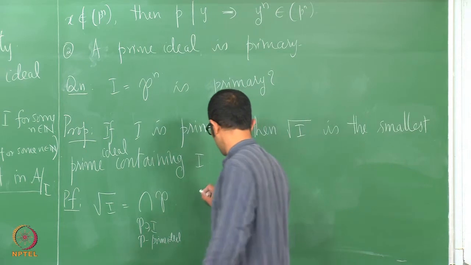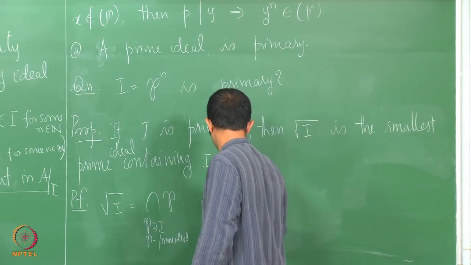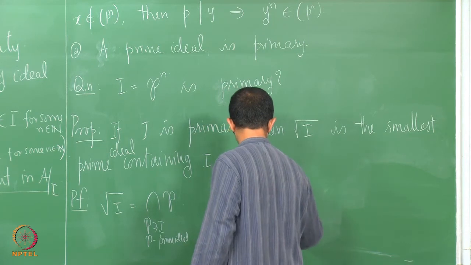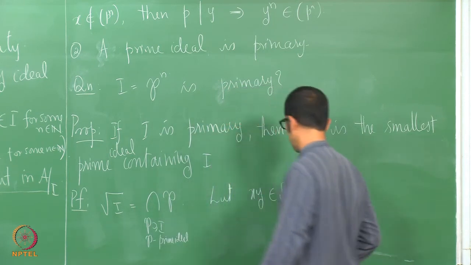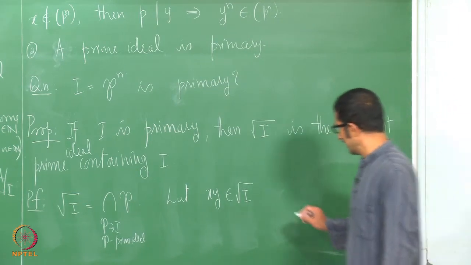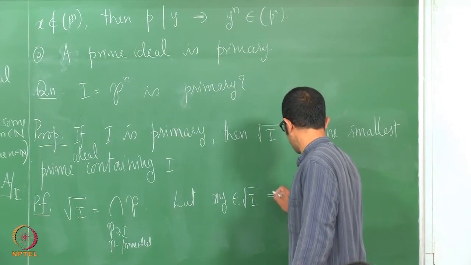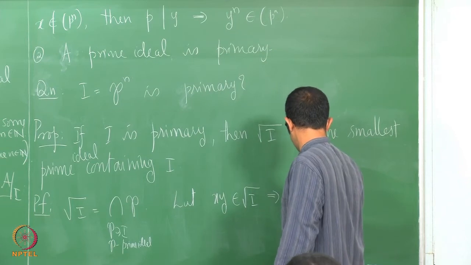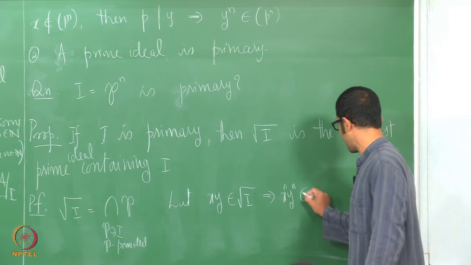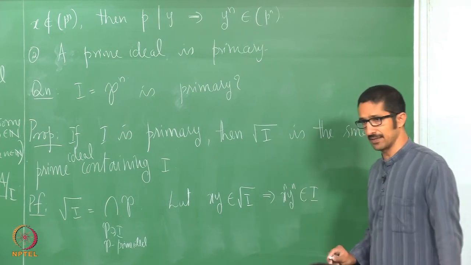Okay, so let's look at xy in the radical of I. That means some power, x^n y^n, belongs to I by definition of radical.